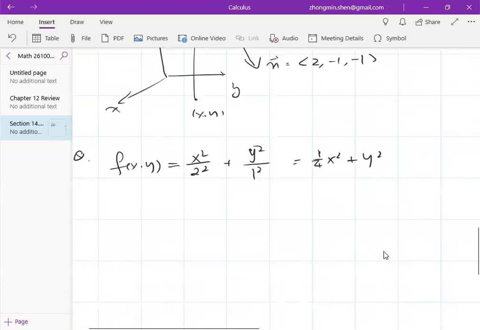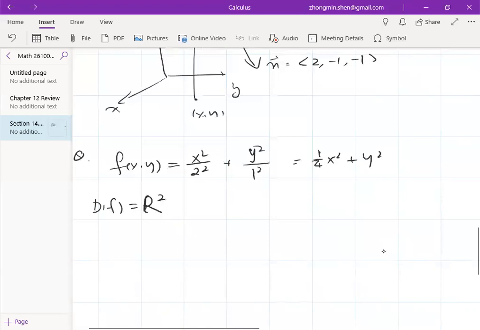Clearly, it's defined without any restriction on x and y. Then the domain of this f is going to be the set of x, y, as long as the function is defined. So clearly, the domain is going to be the whole R2.